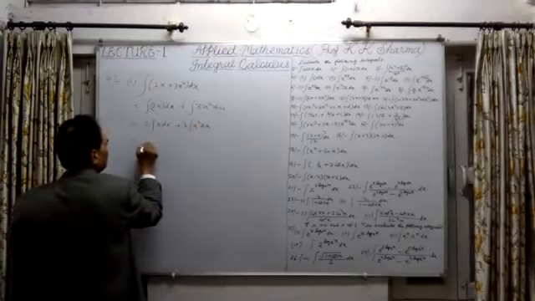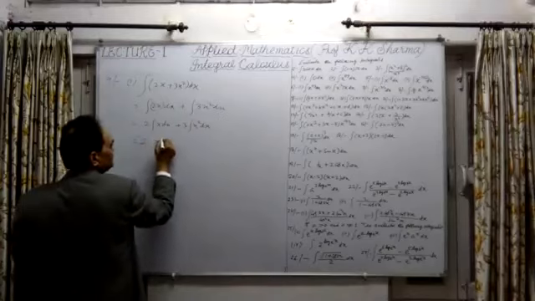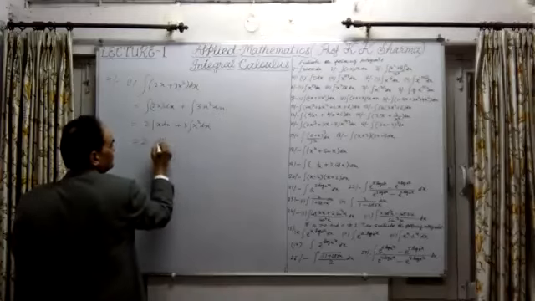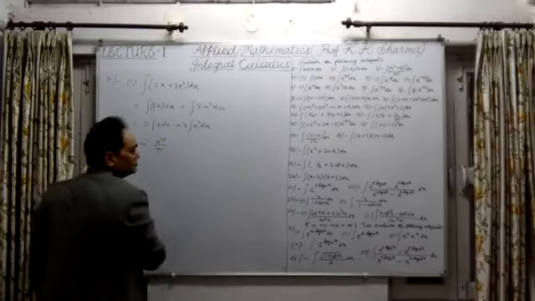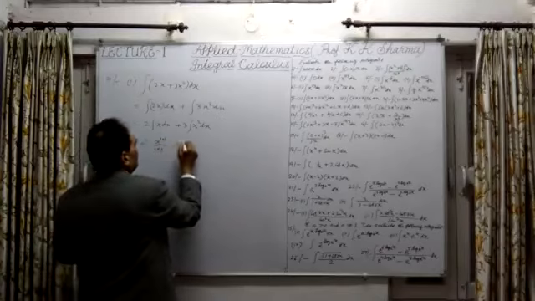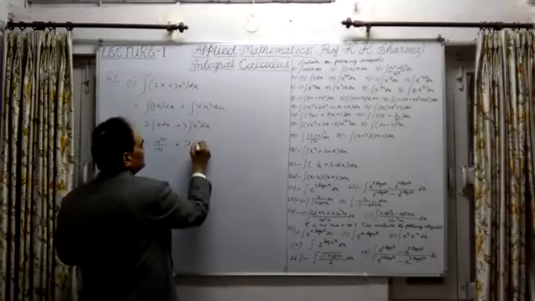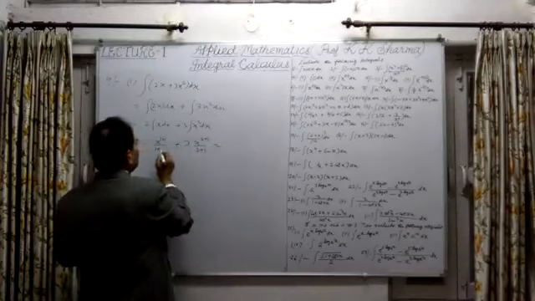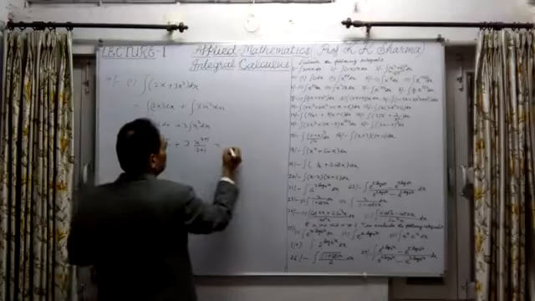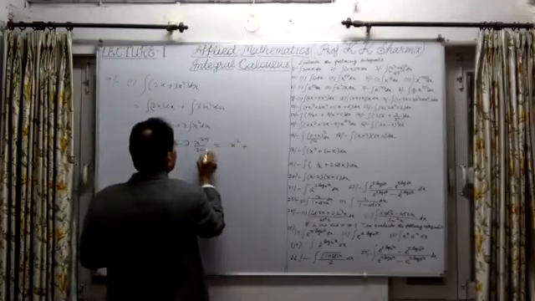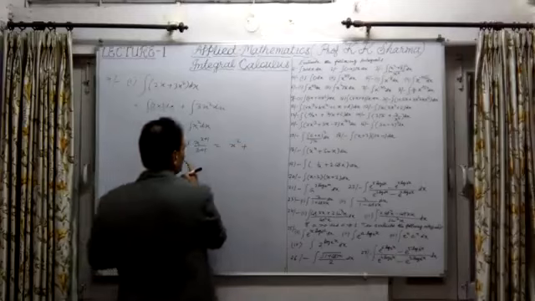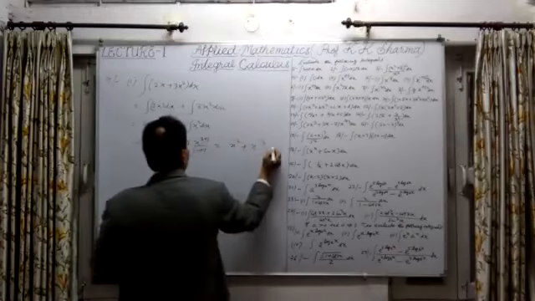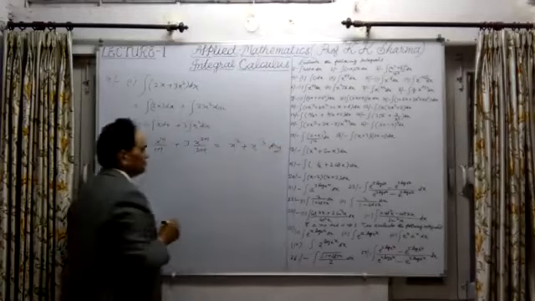Now it can be integrated: 2 into x to the power 1, this is 1 already, it will be x squared because 1 plus 1 is the denominator. It will be 3 into x raised to the power 2 plus 1 upon 2 plus 1. The 2 cancels out, this is x squared. Plus 3, where 2 plus 1 is 3, so the 3 cancels out, this is x cubed. The final answer is this.